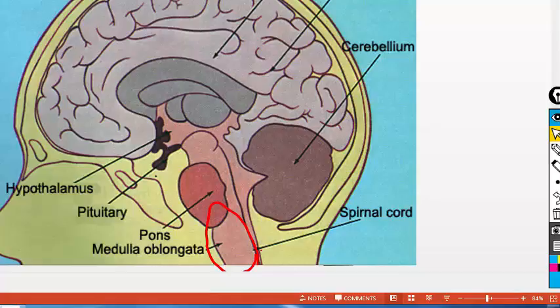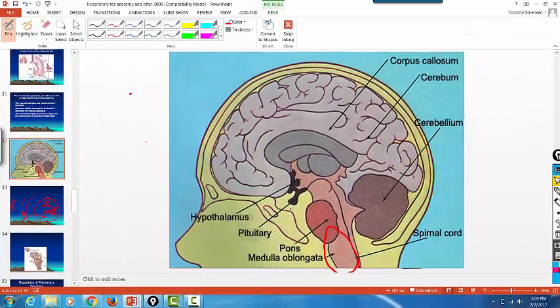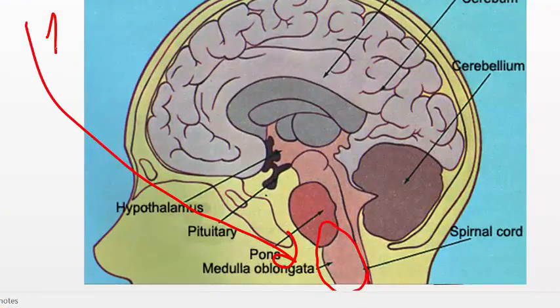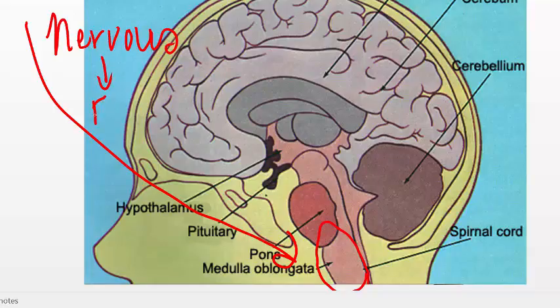It helps control your heart rate, blood pressure, and helps control breathing. And as you know, because it's part of the brain, it's nervous tissue. The function of nerves is to send electrical impulses.